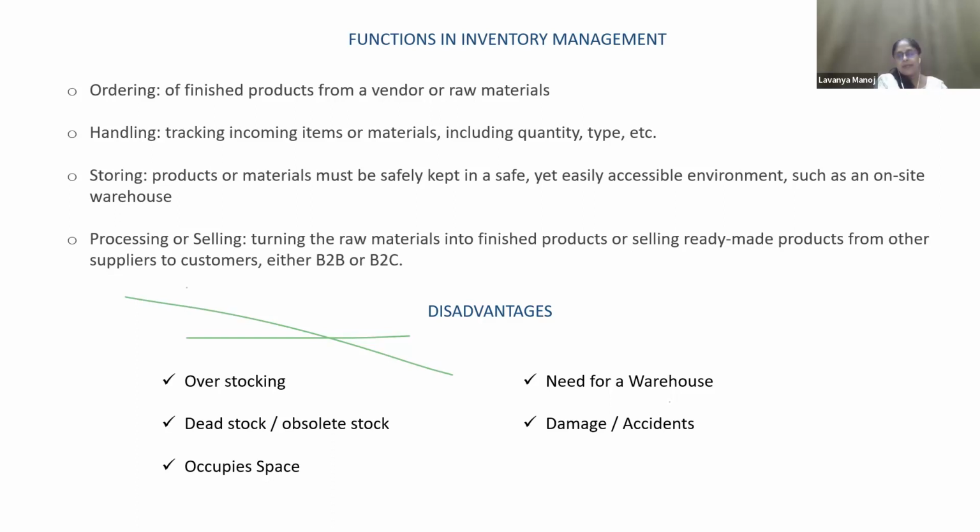After confirming the vendor and ordering, then comes handling the item, how the raw materials have to be handled. Not all materials can be handled in the same way. Many goods have to be handled with special care, like rice or grains in gunny bags, which have to be handled differently.